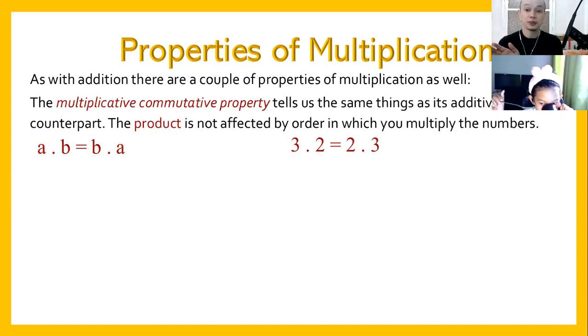Do you get what I mean, Crystal? Understand? So remember the multiplicative commutative property and it will help you with your table of multiplication. It's very basic. You really have to memorize them.